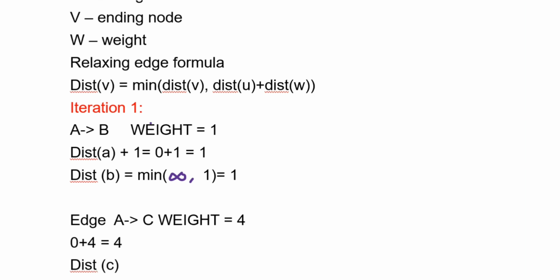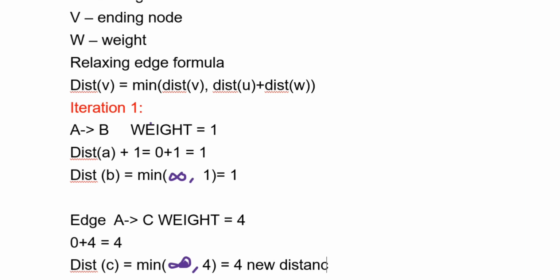Next, I'm taking edge B to C. The weight is minus 2. B to C is minus 2, yes. What we need to do is distance of B, which is 1, plus minus 2, equal to minus 1.